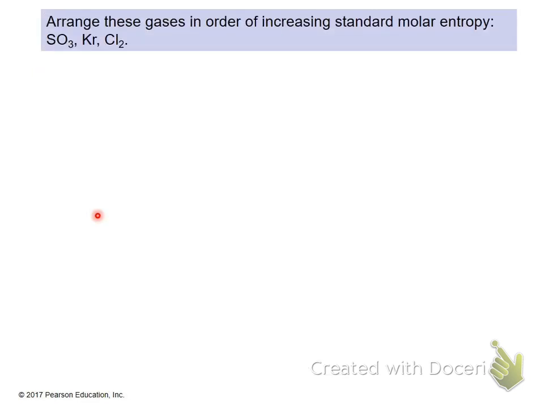All right, let's take a look at this example. Arrange these gases in order of increasing standard molar entropy. We have sulfur trioxide, krypton, and chlorine gas. Maybe I'll ask Zoe first. Which one of these three has the highest standard molar entropy?